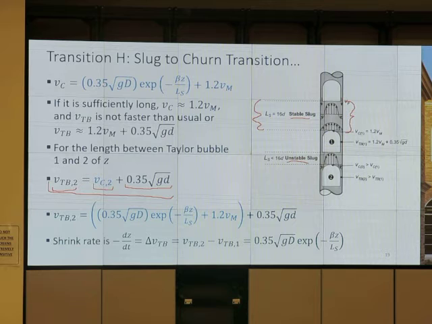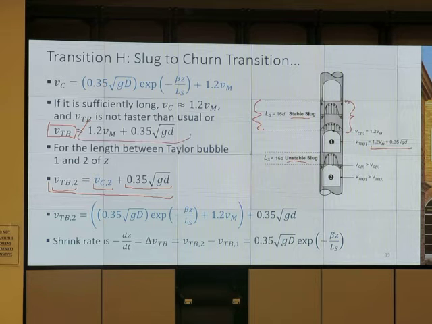All right. You see this one? VTB equal to 1.2 Vm plus 0.35 square root GD. What does that come from? VTB1, right?